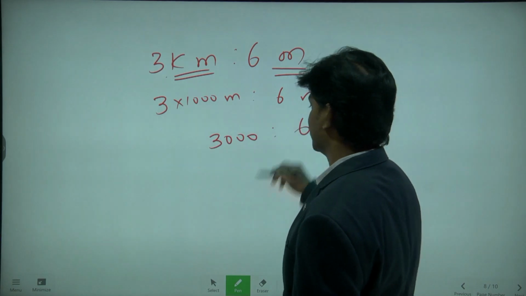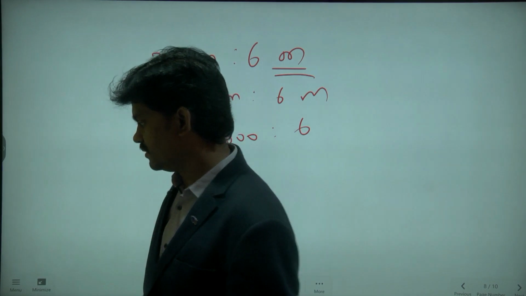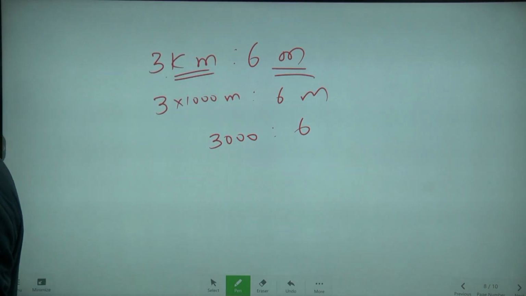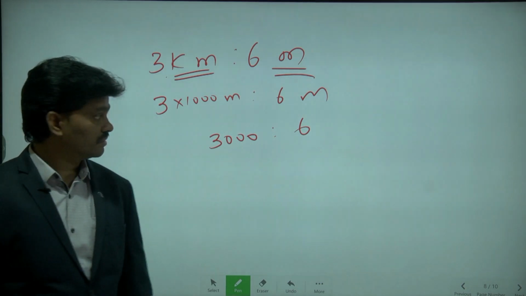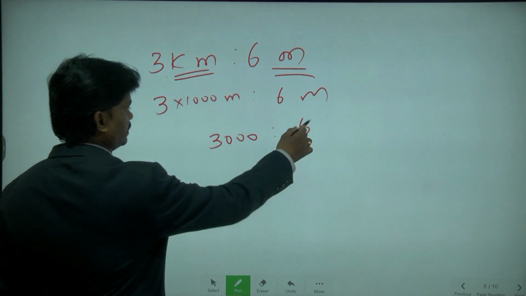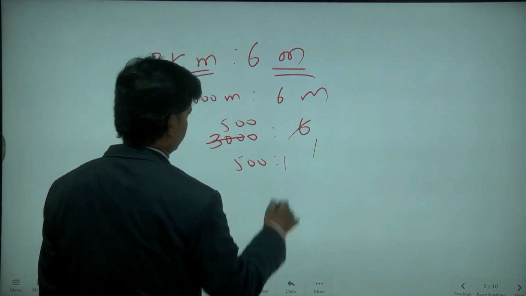3000 is to 6. Okay, 1 kilometer. We have to convert, then only we should do. Right. So 3000 is to 600, let us cancel: 5 is to 1 hundreds. 500 is to 1.